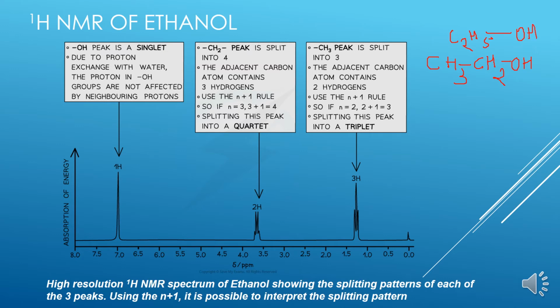So in this ethanol molecule, there will be three different types of protons, labeled A, B, and C. This is the methyl proton, A. This B is labeled for methylene protons, CH2. This C is the OH group proton, the hydroxyl group proton.